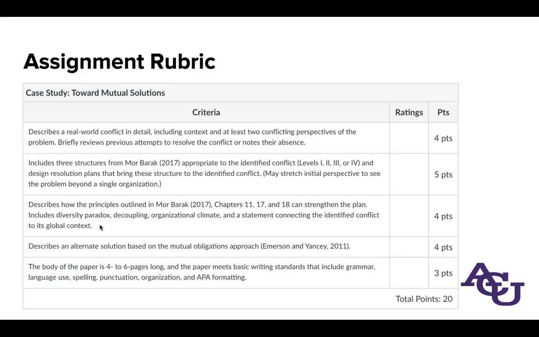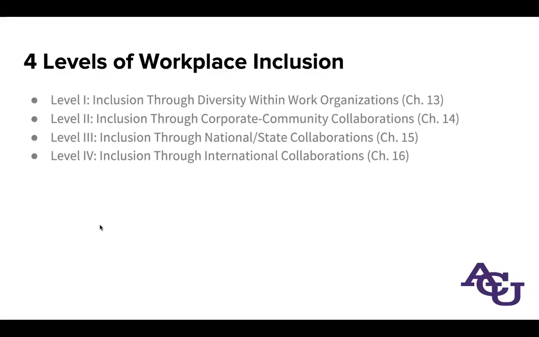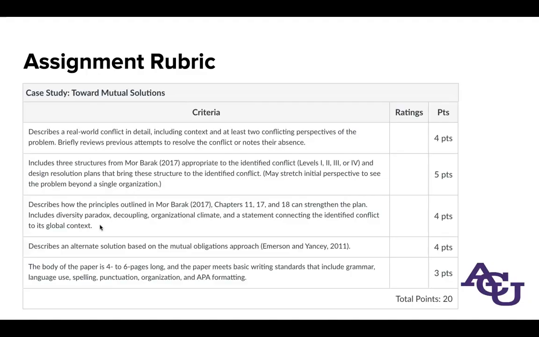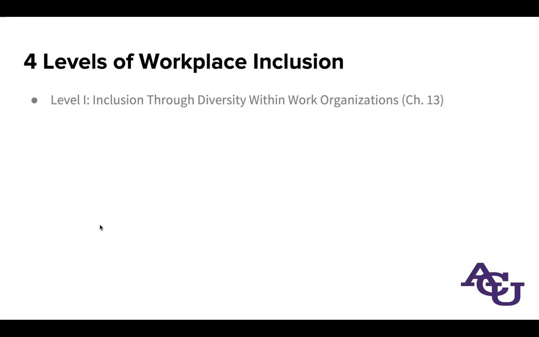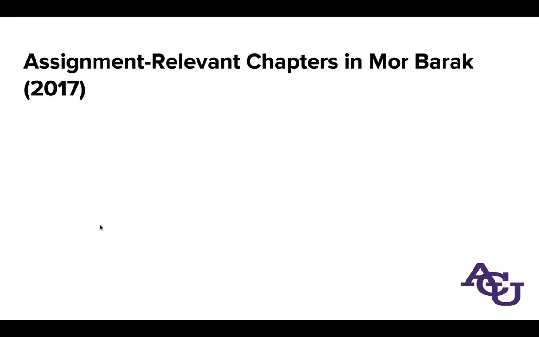Because while these 4 levels where conflict can occur are certainly present and will be discussed as part of the second item in the rubric, there are separate things that you need to make sure that you cover in the third part. All right, continuing.